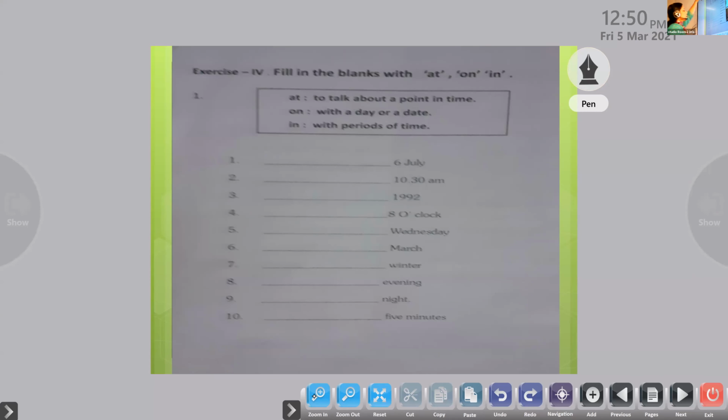Still doing it? All of you close your workbook and notebook and do this fast in your rough book. Just write there 6th July 10:30 and keep on answering the question. You have to fill in the blanks using at, on, or in. Read the question and then do it.